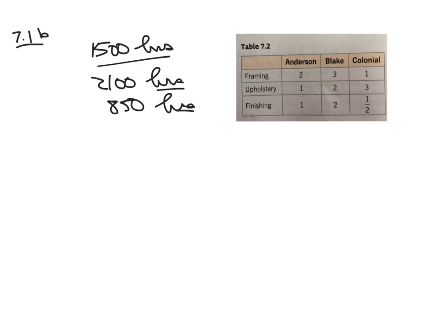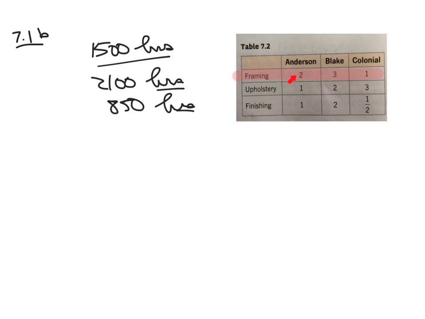So what we've got is the frame. Let's look at the framing first. The framing says that we are going to take 2 hours times x, and the x represents the number of Anderson chairs, y will represent the number of Blake chairs, and z will represent the number of Colonial chairs.